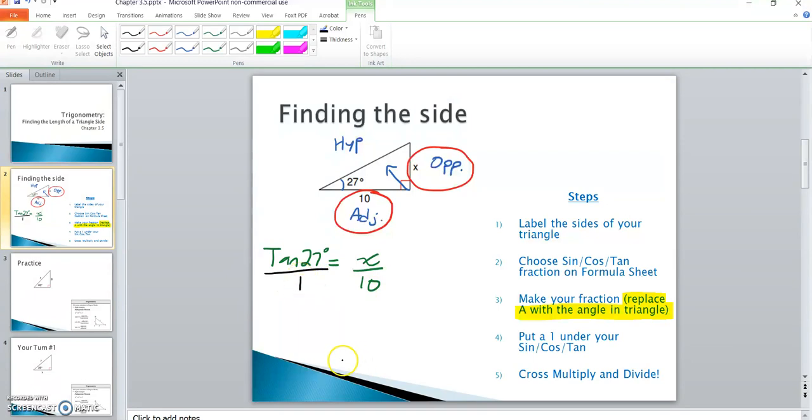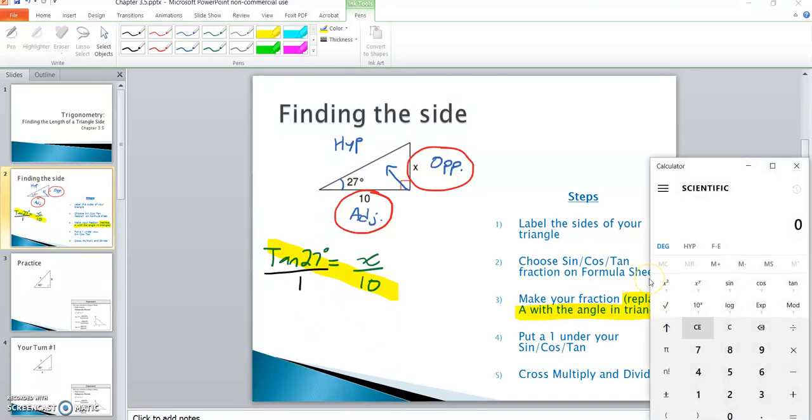So that means we put a 1 right there. And our final step is to cross multiply and divide. So this goes back to chapter 2, where we were converting units. And here's where the X is. So we are going to be cross multiplying the 10 and the tan 27 and dividing by 1.